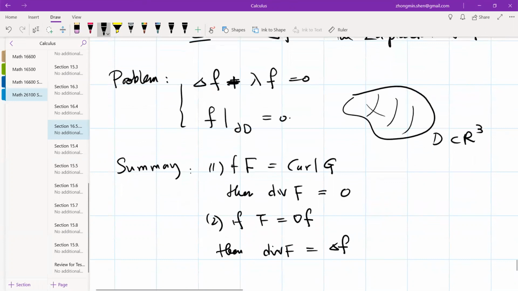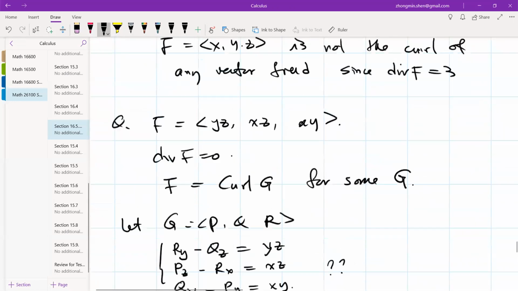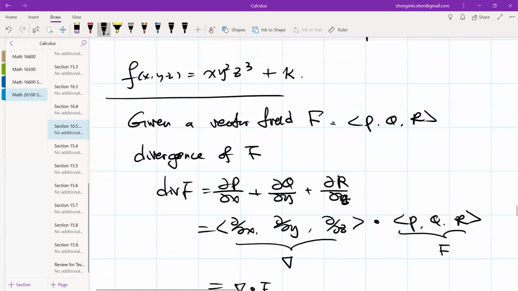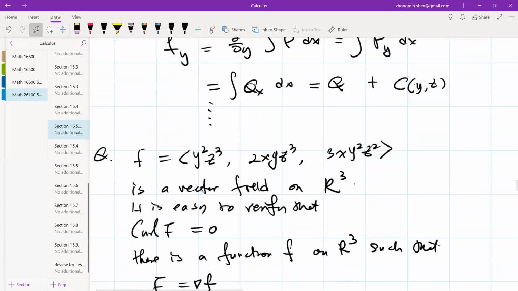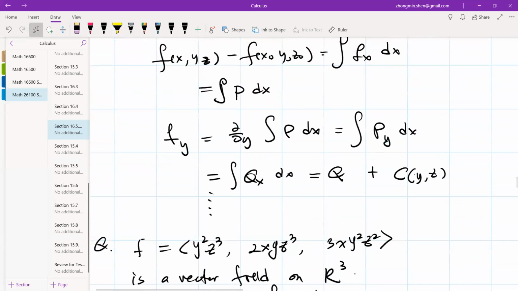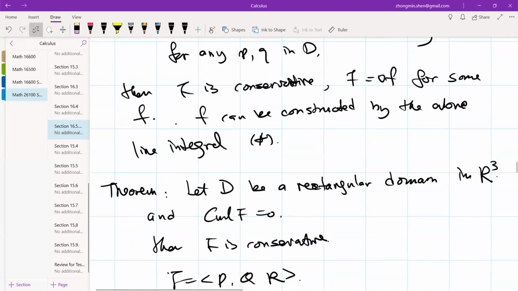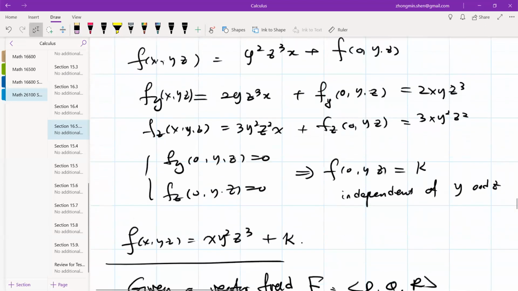Let's go back to the beginning. What is our motivation to introduce curl? The curl is 0 if the function is conservative. So this is another question. Remember the curl of f.